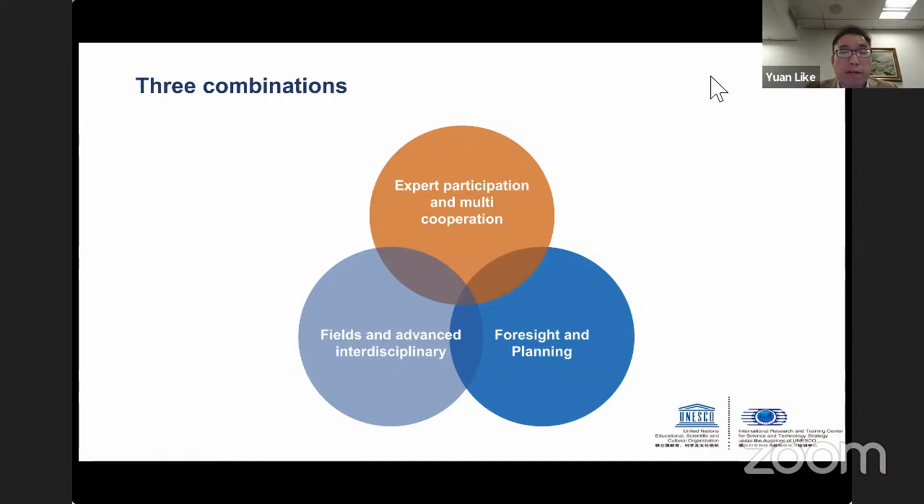There are 3 combinations. The first one is expert participation and multi-cooperation. We not only invite experts, but also stakeholders from other institutes, even the public. We not only focus on technology fields, we also pay more attention to advanced interdisciplinary areas, for example non-consensus technologies and disruptive technologies.